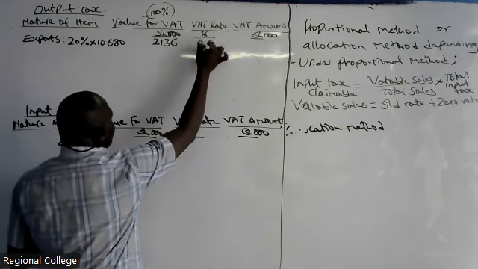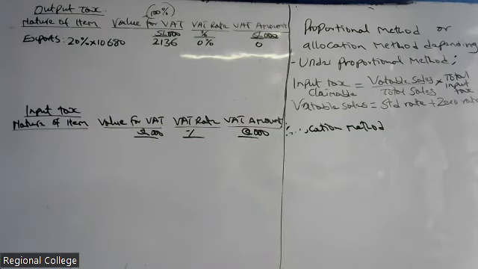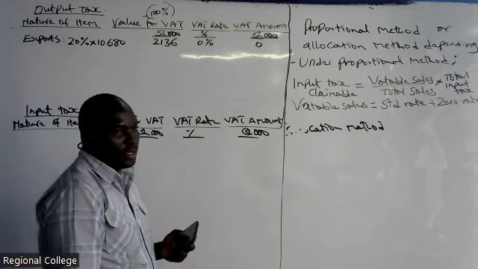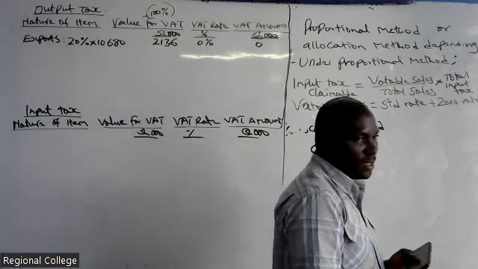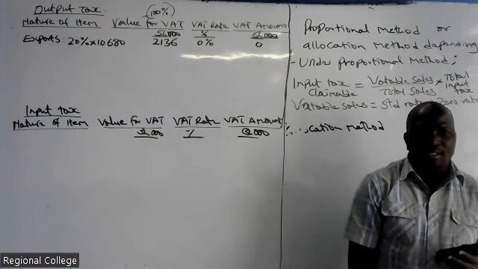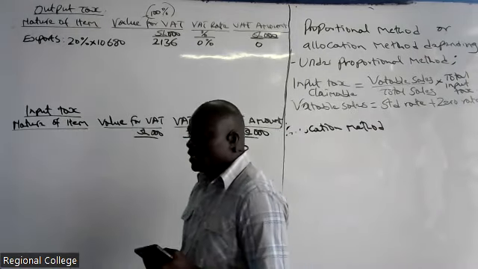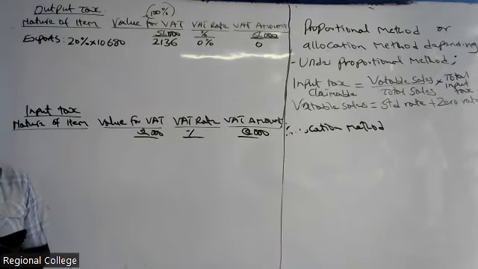So VAT rate is 0%, VAT amount equals 0. Kindly, for VAT, if you put a dash and it is 0% you will be penalized. In VAT there is a difference between dash and 0. Dash is exempt. 0 rate is 0. If someone tells you 0 is the same as dash, yes, but not under VAT. For VAT, if it is 0 rate, you put 0. If it is exempt, do not put 0, put a dash, because there is a difference between 0 and exempt in VAT.